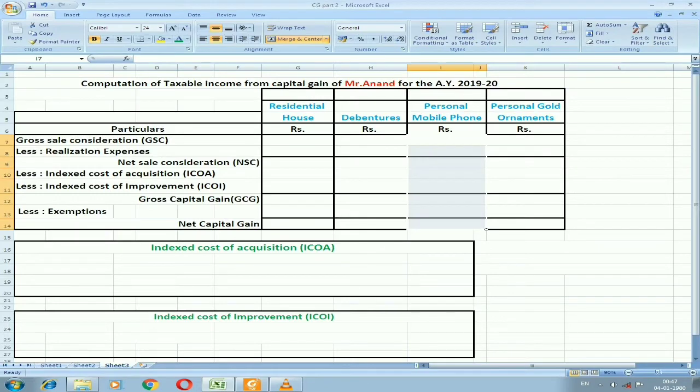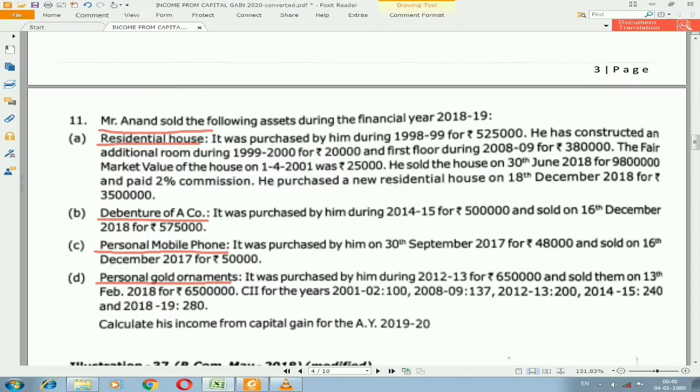I have already prepared a column for the 4 assets in the name of Mr. Anand as an assessee, and also I have mentioned the working notes. So let us see which asset will be exempted. As you can see, personal mobile phone and personal gold ornaments are both used for personal purposes. Both will be considered as movable property. A mobile phone we can move from one place to another place.